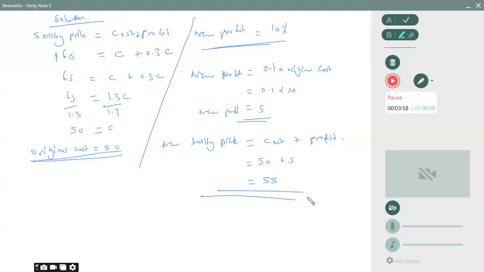So don't you just do 30% of 65? Can't we do it like that? Because the 30% is within the 65, which is the selling price.